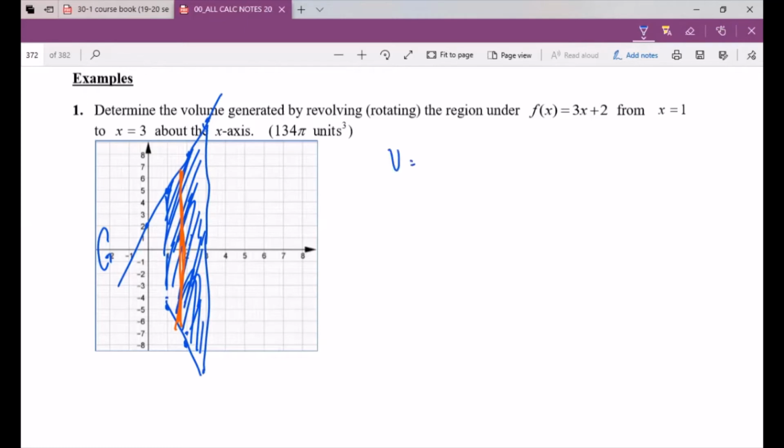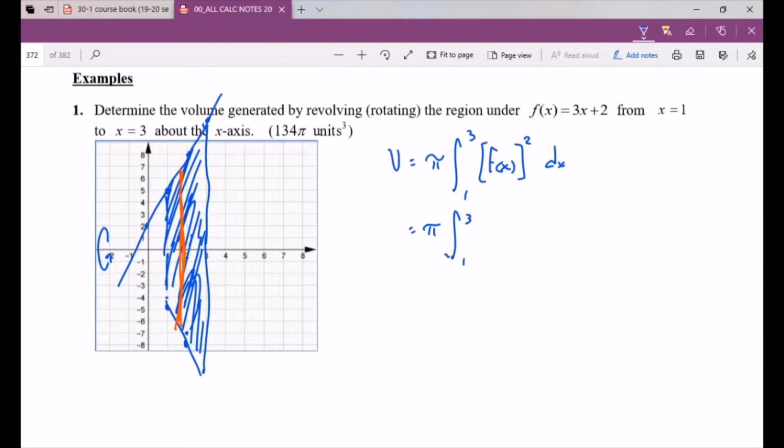The volume is equal to pi times the integral from 1 to 3 of f of x squared dx. So we're going to take our function and square it. We can factor that pi outside of the integral because it's just a constant.